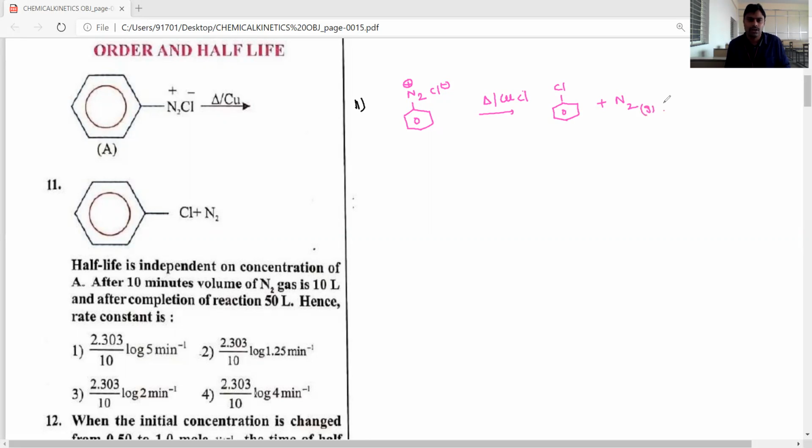Now here the question is related to N2 gas and it is a first order reaction. Then we have to find out its rate constant.